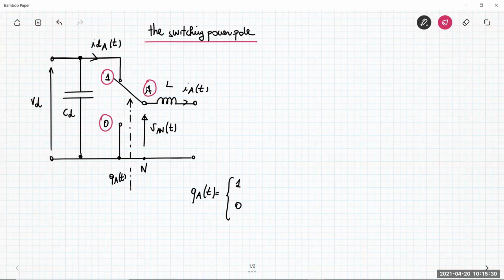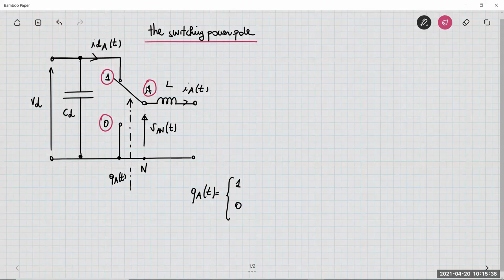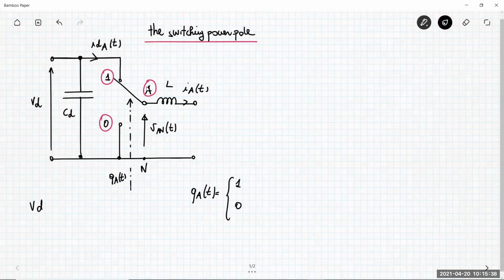Some hypotheses are made on the basis of this circuit. The voltage VD is considered to be constant. If this voltage has some ripple, the capacitor CD makes it basically constant for our application.